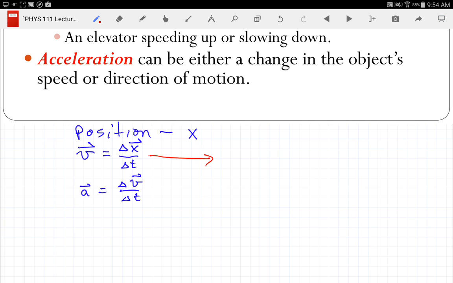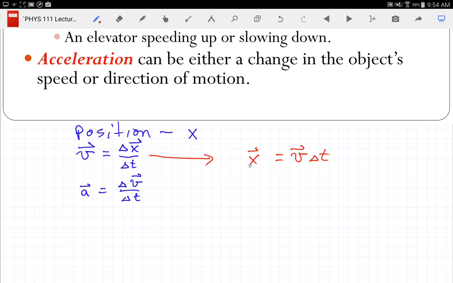I am very sure that you guys can do this. How do I get delta x by itself in this equation? Okay, I multiply both sides by delta t. So if I multiply both sides by delta t, on the left side, I'm going to have v delta t. Now I changed it from the left side to the right side. The other side, delta x over delta t multiplied by delta t. What happens to the delta t's? They cancel, and I'm just left with this.